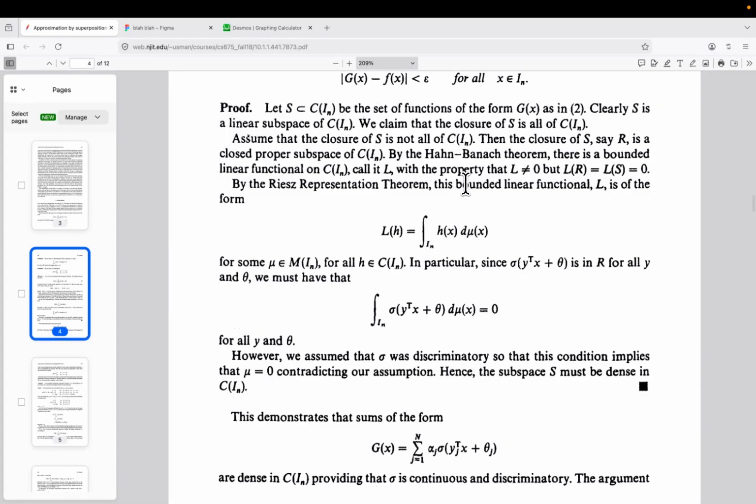Yeah, so this bounded linear functional is of the form, whatever, this is the definition of the functional. For some mu, for all of the functions that belong to this thing, in particular, since it's an R, we must have that.